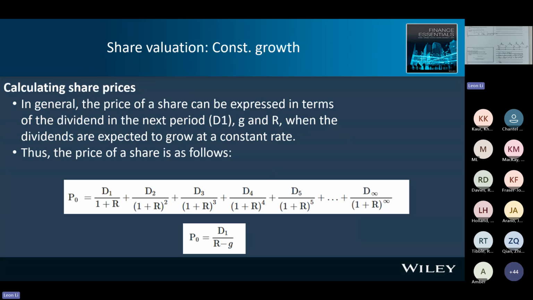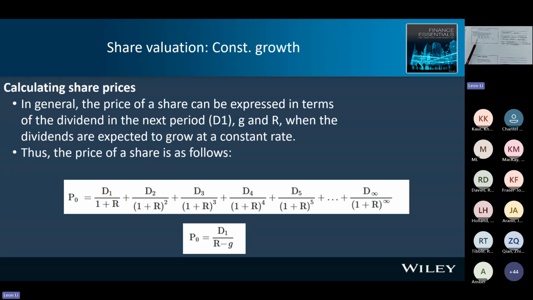On the next slide, we show you the result. This is our general formula, with dividends D1, D2, D3, to D forever, and we assume the dividend growth rate is a constant G. Let me show you my handwritten note here.